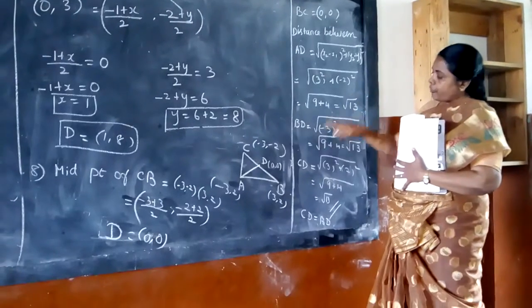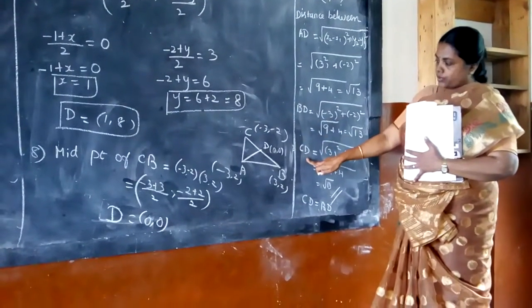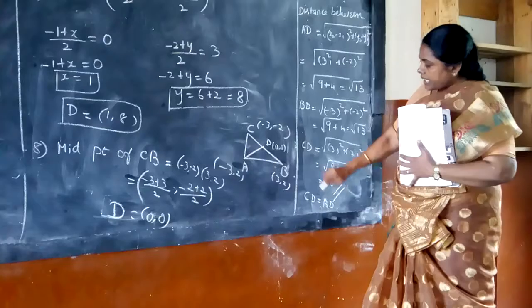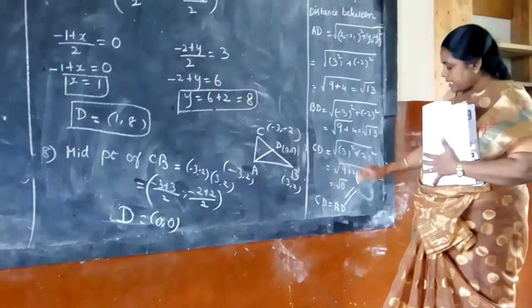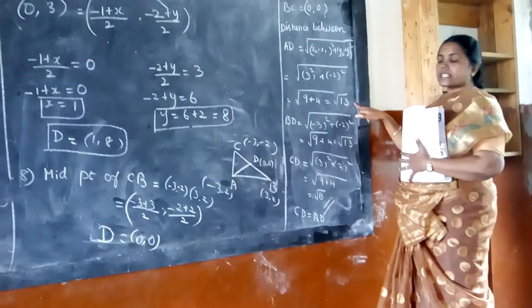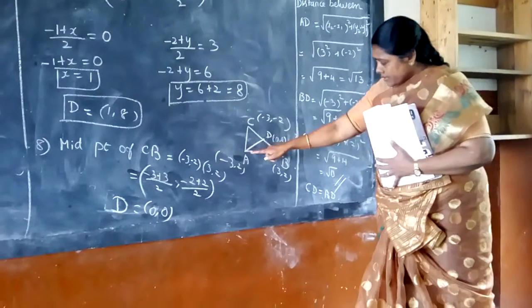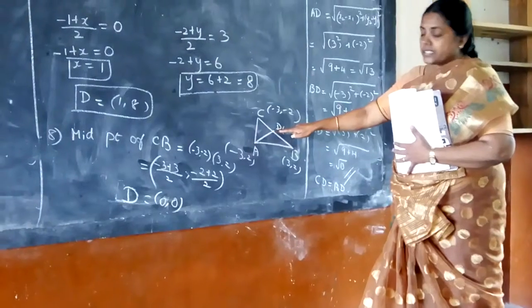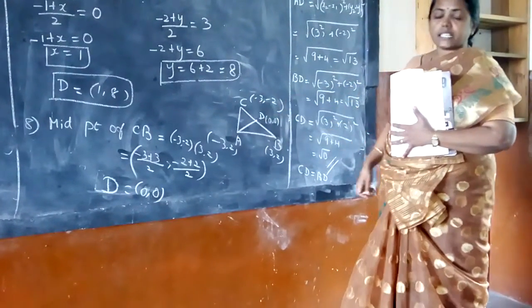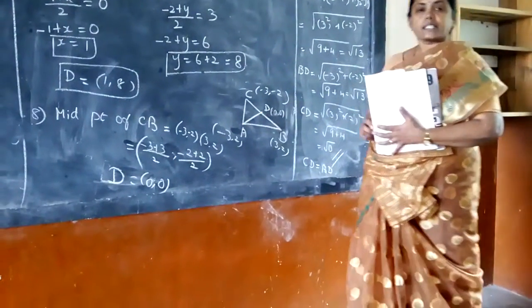In the same way for BD and CD also, B and D you can take, and for CD also C and D you can take. All values we got as square root of 13. Hence we proved that the point D is equidistant from the vertices. That's it. Thank you.